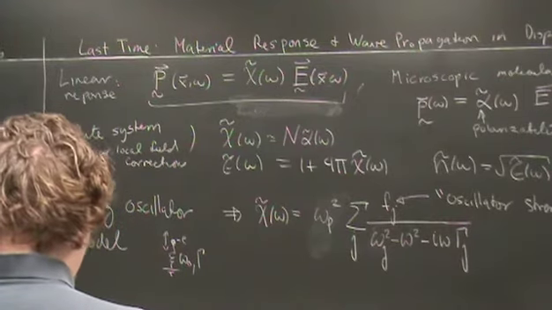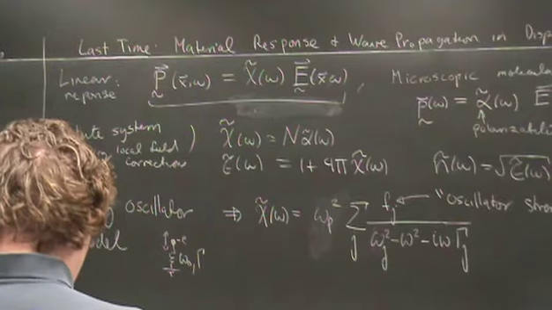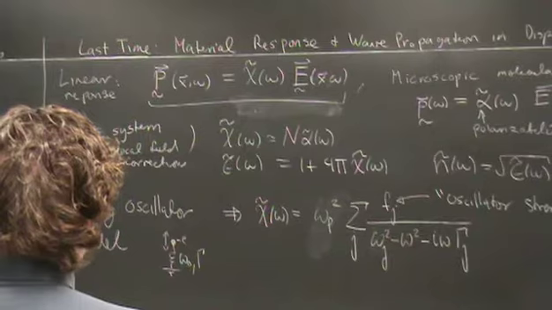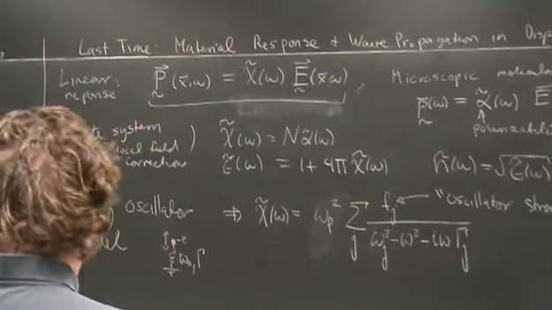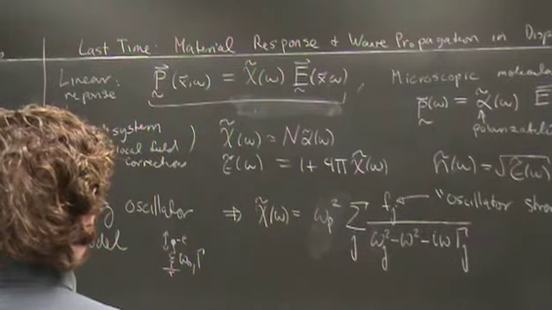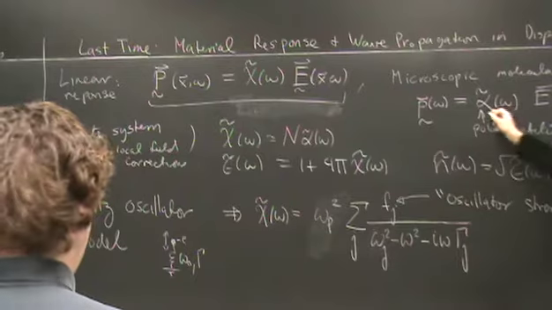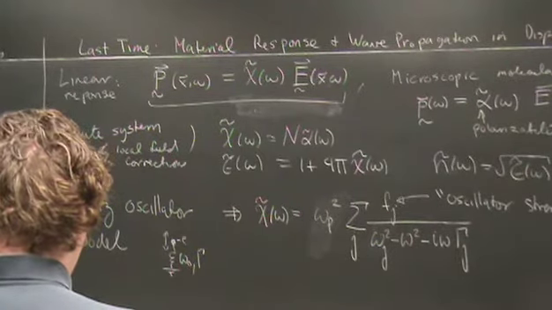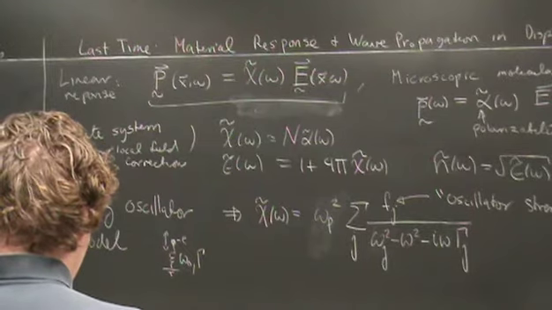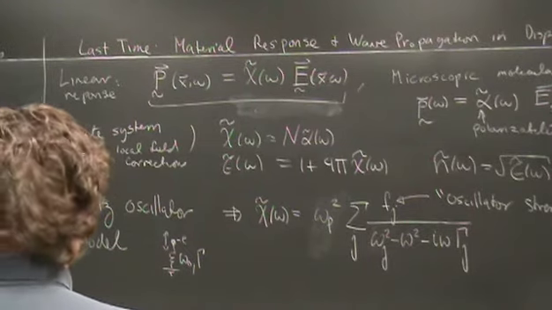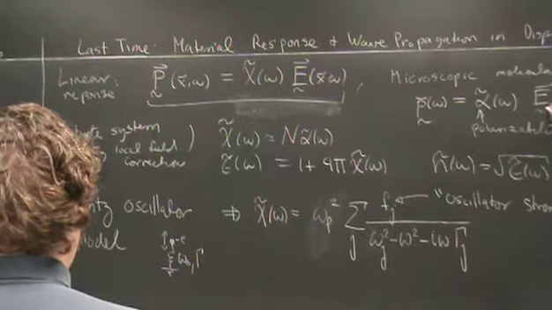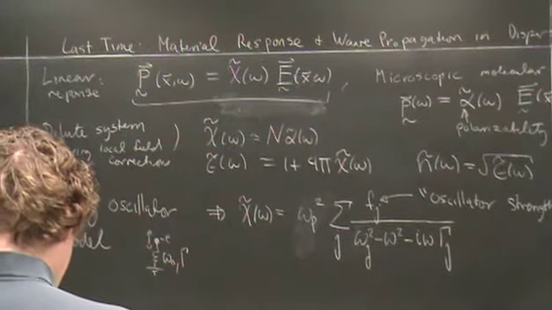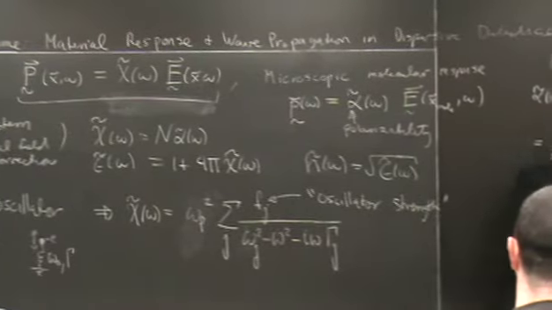And the way we can model that is by thinking about the molecular constituents in the material, for which there is some molecular polarizability, such that the response amplitude at that frequency is proportional to the electric field amplitude at that frequency. And that proportionality constant is called polarizability.